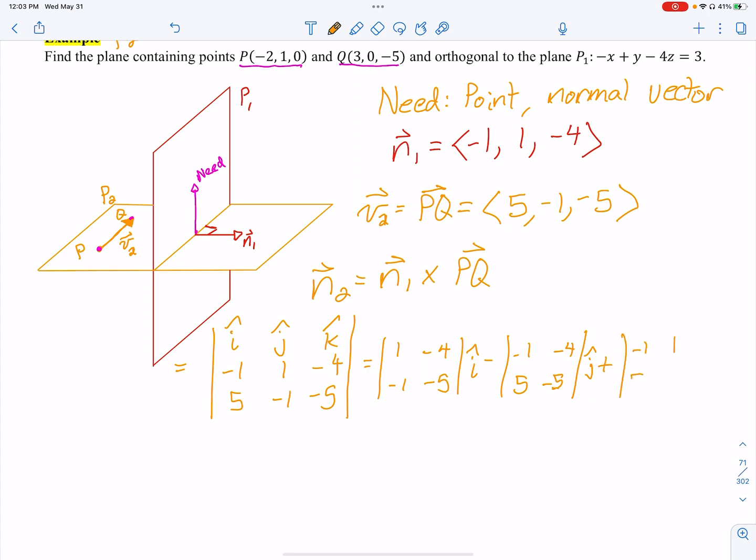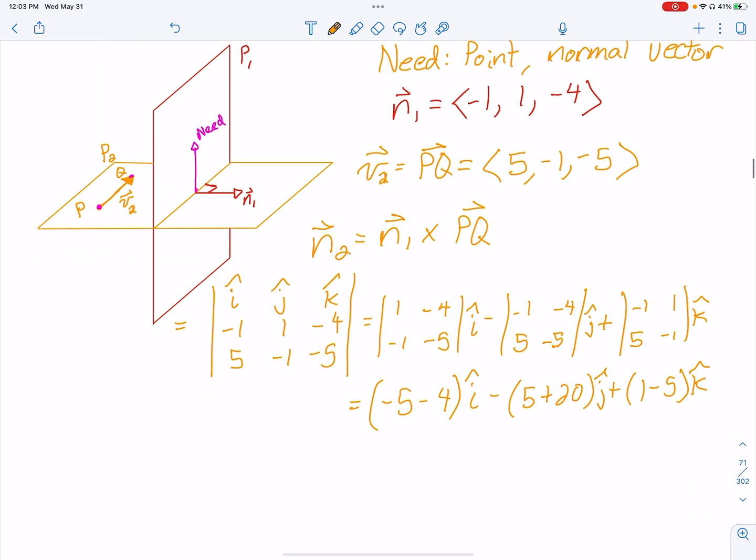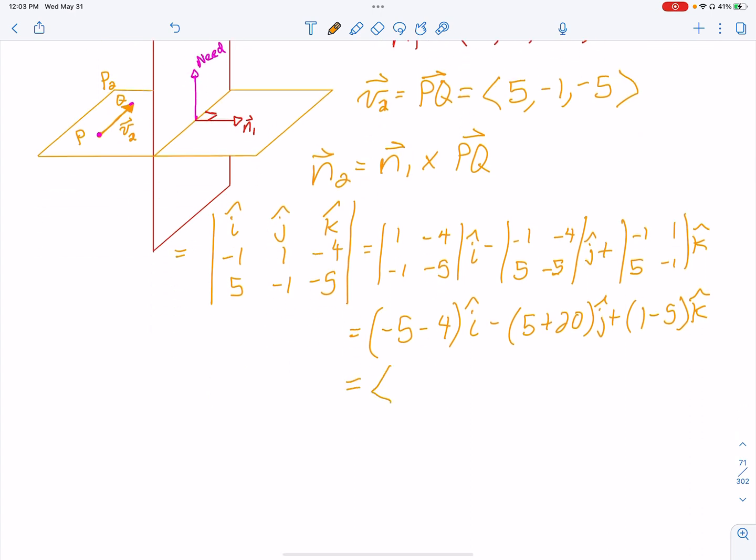I got -1, 5, 1, -1, K. All right, I got -5 minus 4, I, minus 5 plus 20, J, plus 1 minus 5, K. So this vector is -9, -25, -4.